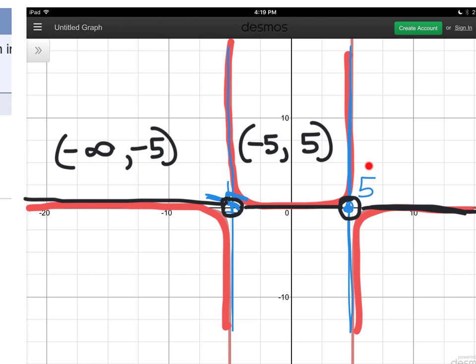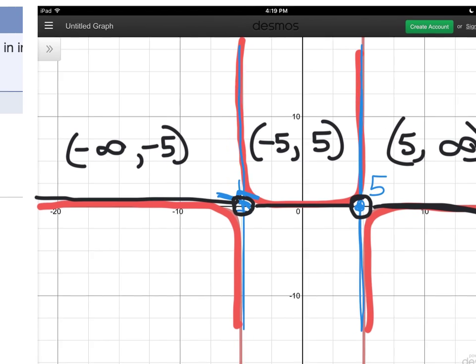And then on this side up here, it starts at 5 and goes all the way up to positive infinity, but we're going to have soft brackets on both of those because you're not allowed to be 5 and you'll never reach positive infinity. So we've got these three intervals.